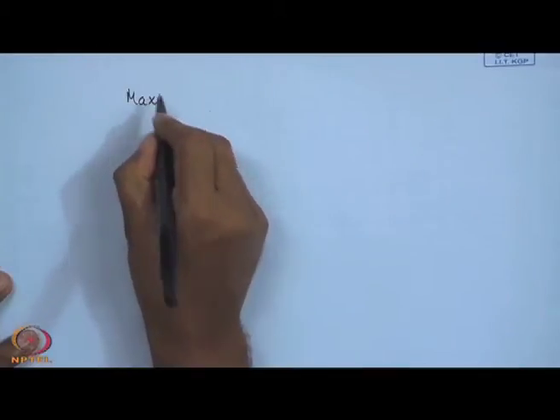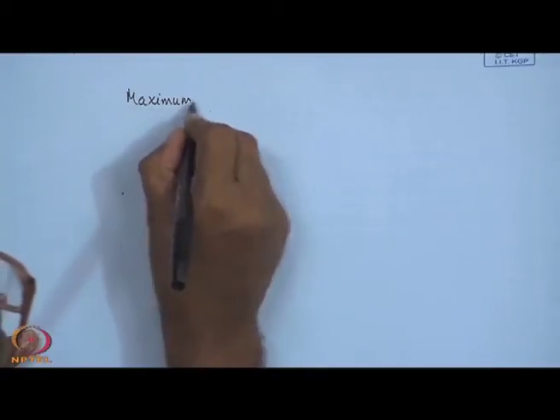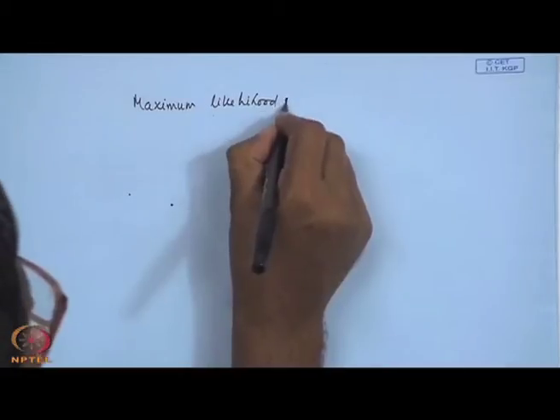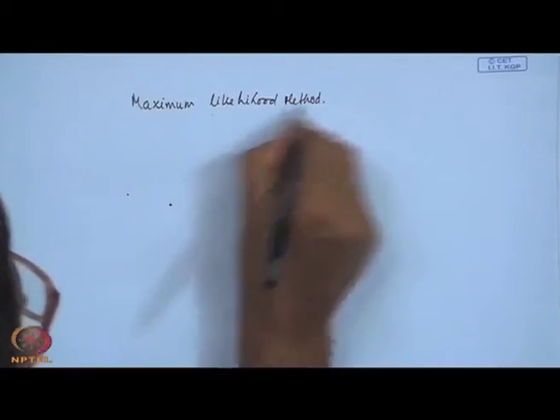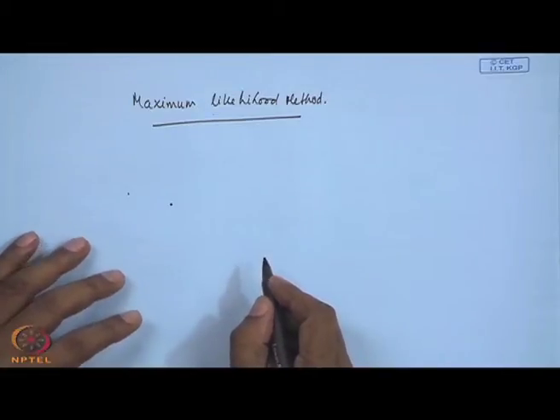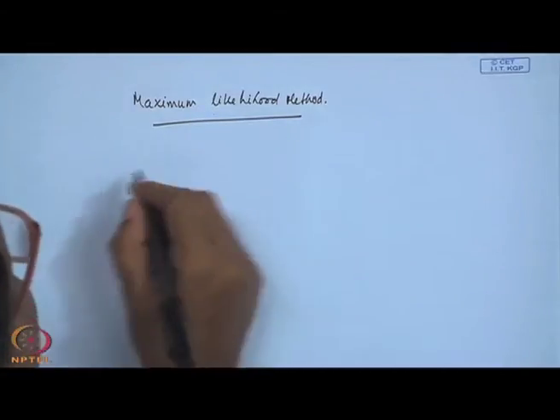Okay, so the third method is the maximum likelihood method. This is really complicated.